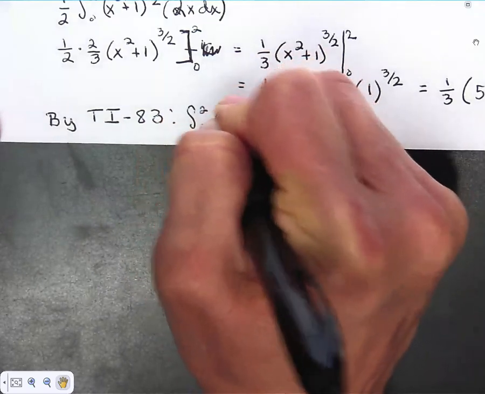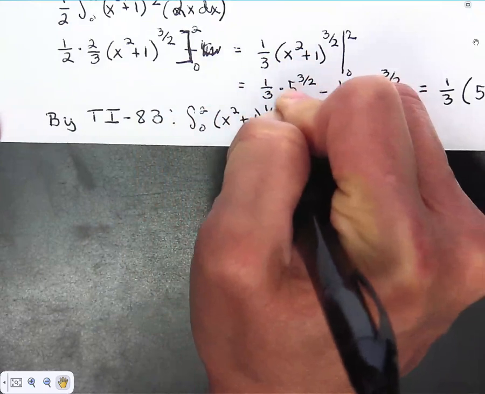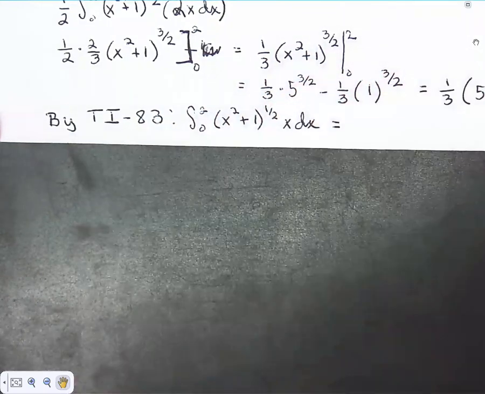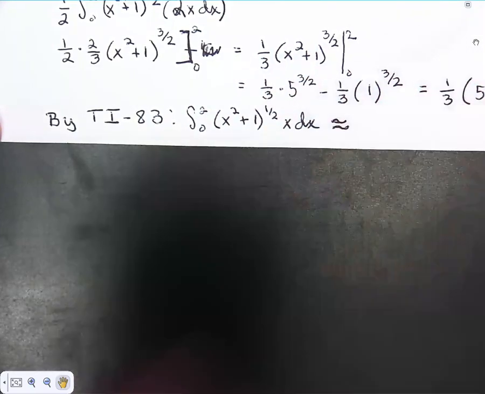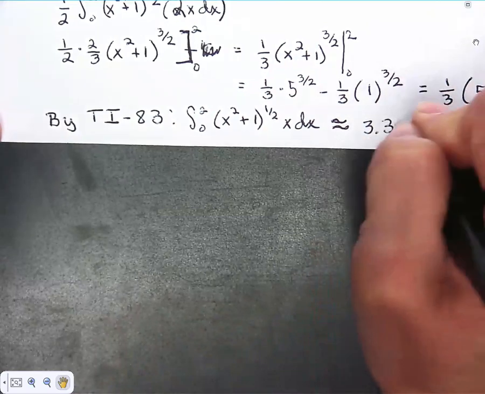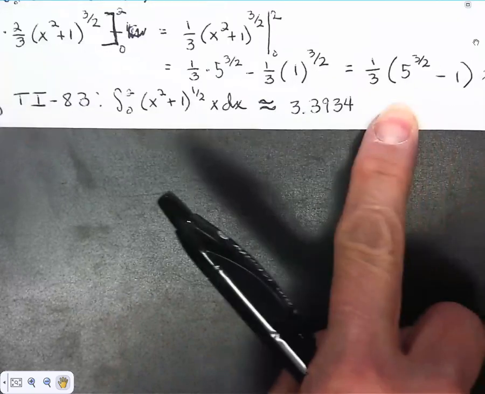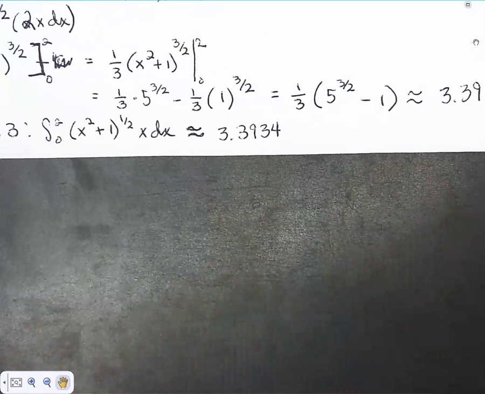What do you get to 4 decimal places? 3.3934. Makes sense. That means that we had this exact answer correct, because when we converted it to a decimal, we got the same decimal that the TI-83 gave us.